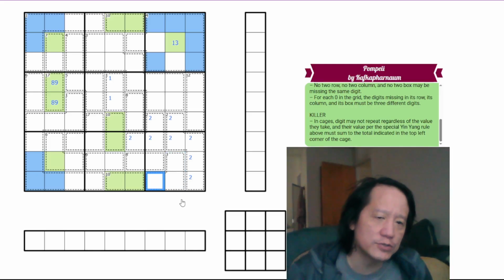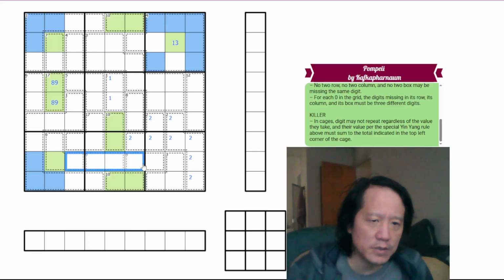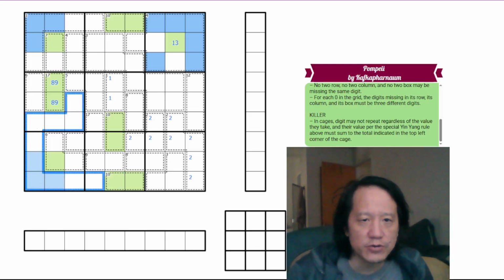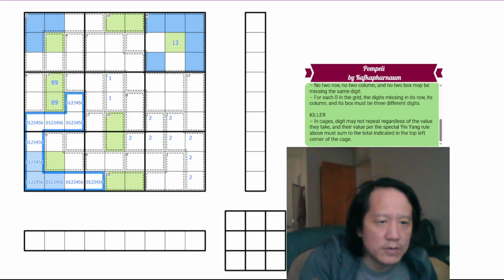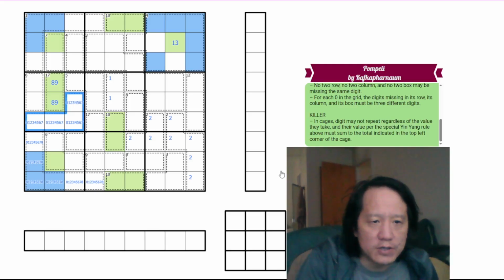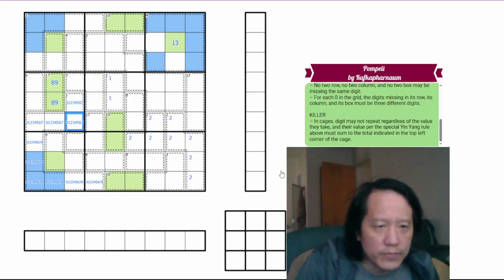But you could have a 2 here, and then this be 1. That's possible. This is guaranteed 0 through 9, and so this can't be 8 or 9 in box 4. This can't be 8 or 9 in column 2.